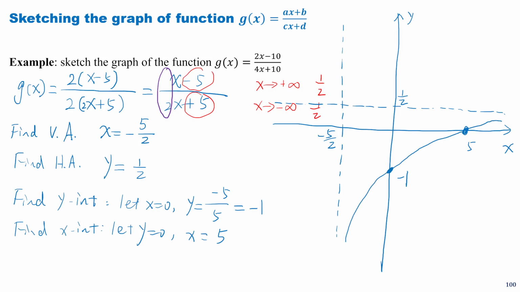Which lies in the fourth region separated by the 2 asymptotes. And according to the point symmetry, the other branch must lie in the second region divided by the 2 asymptotes, like this. So in this way, we can quickly sketch the graph of such a function. Can you see that?